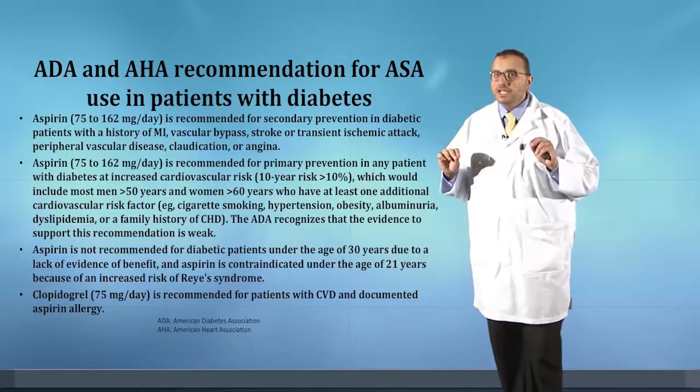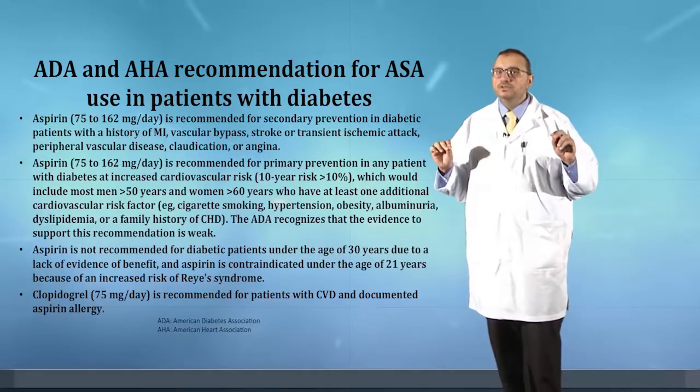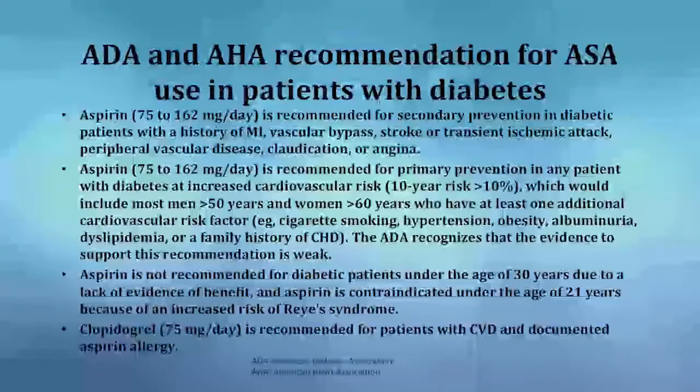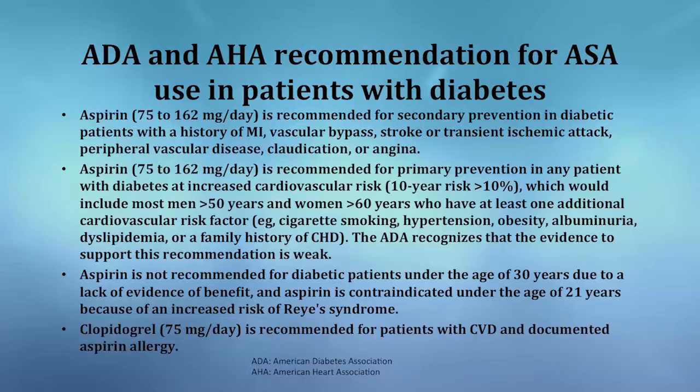When can you use it as primary prevention? If you have a patient who is male more than 50 or female more than 60, with another risk factor like smoking, family history, or hyperlipidemia, then use aspirin as primary prevention.